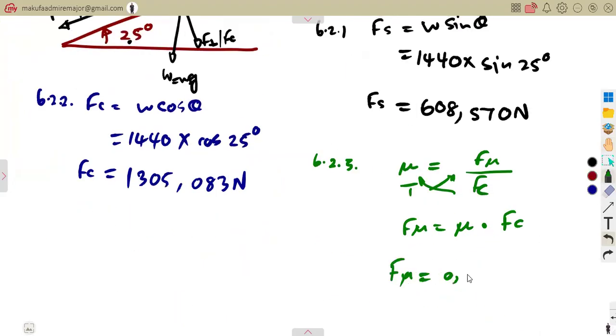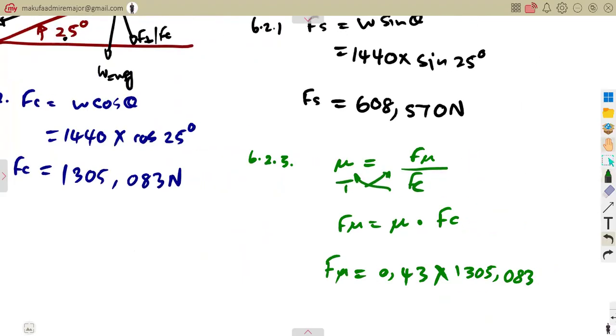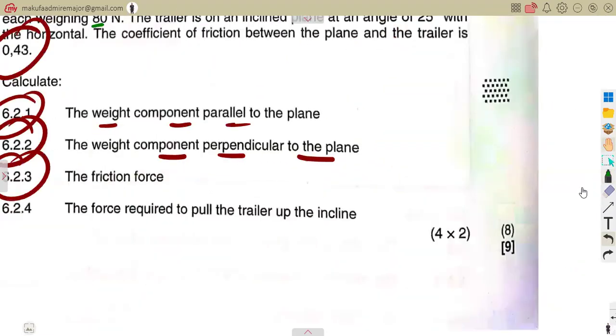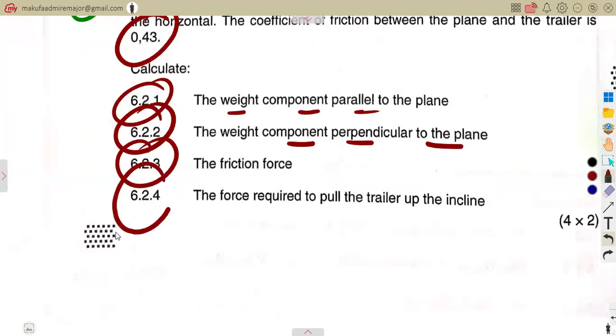So that means we're going to have 0.43 times 1,305,083. The product of these two is enough to give us the frictional force, which was 561,186 Newton. That's it, guys, for 2 marks. It's enough for 2 marks.